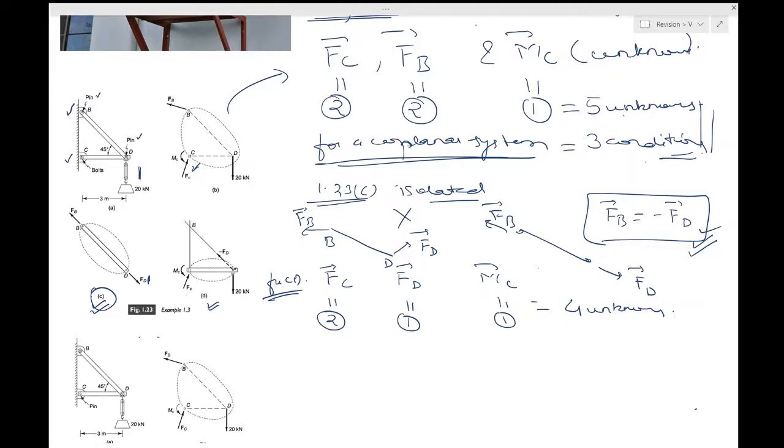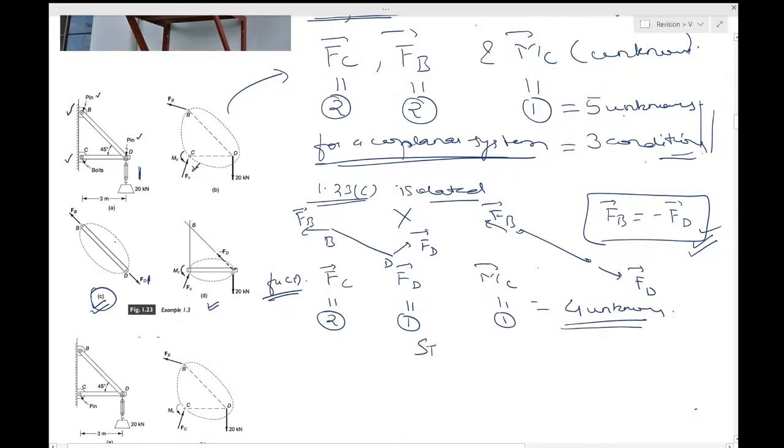Now the direction of FC still remains unknown, and you have this situation where you have gone through all possibilities and isolated everything which you could have. You had two rods, you isolated them, first this and this, and you are still stuck with this. So you have four unknowns and three conditions.